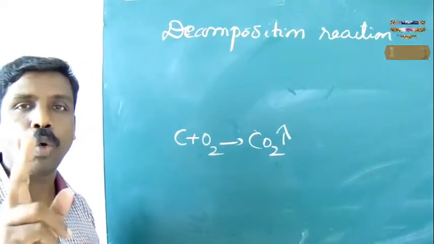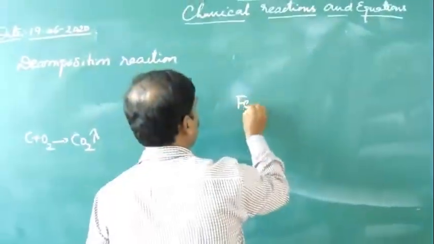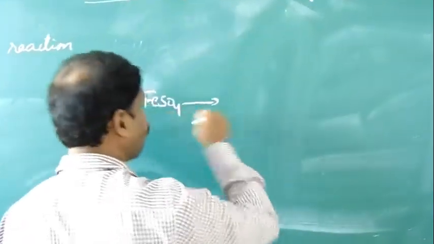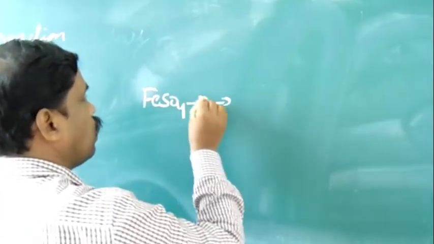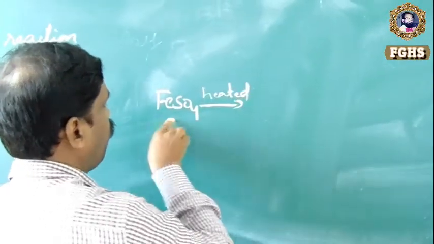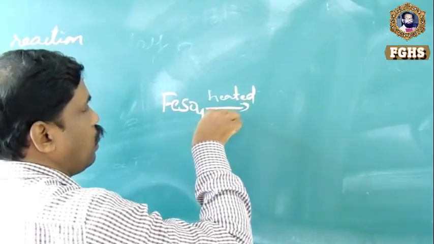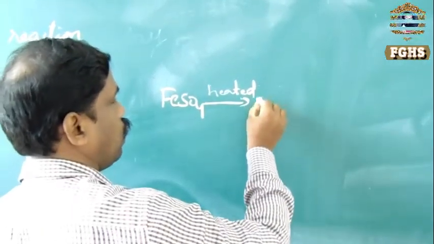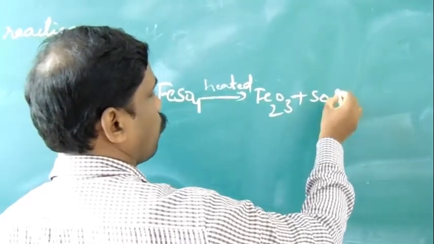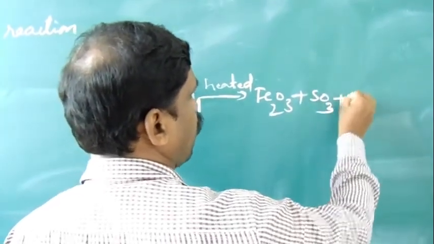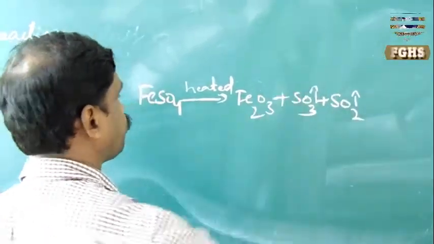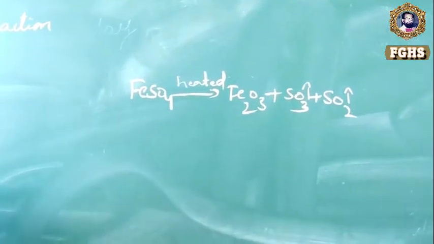How? Let me write two equations. When ferrous sulfate is heated, it gets decomposed.